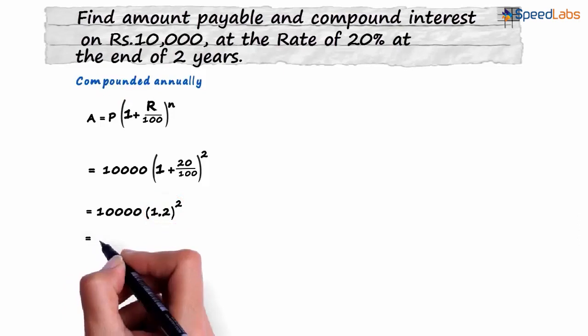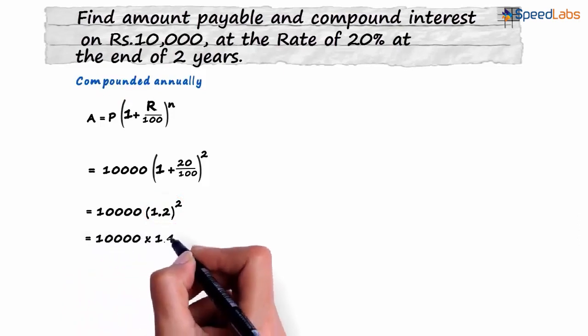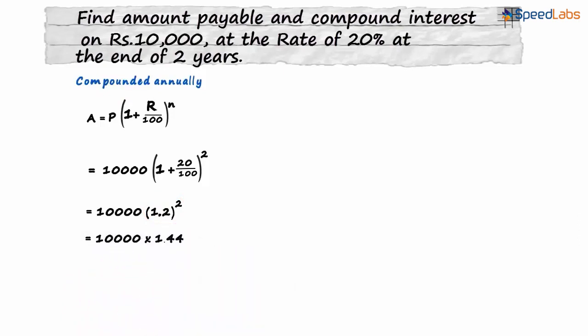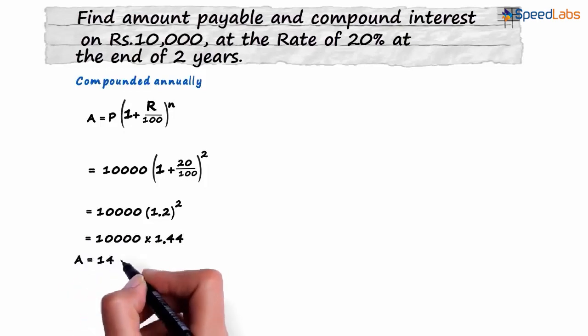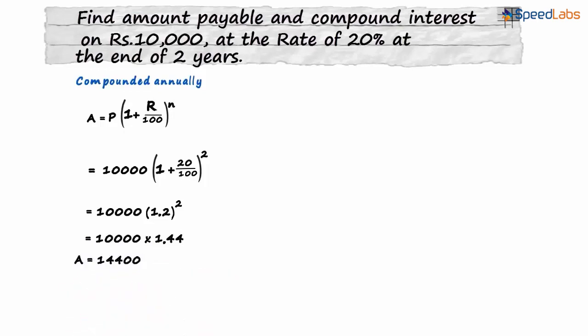It will be 10,000 multiplied by 1.44. We get the amount as 14,400 rupees. So the compound interest will be amount minus the initial principal. That is 14,400 minus 10,000. That will be 4,400. Now let's move on to the second case.